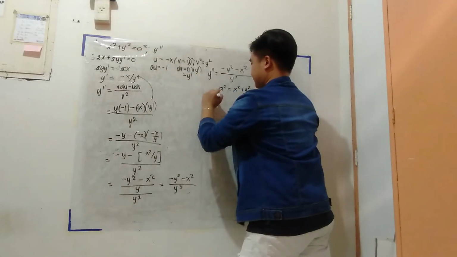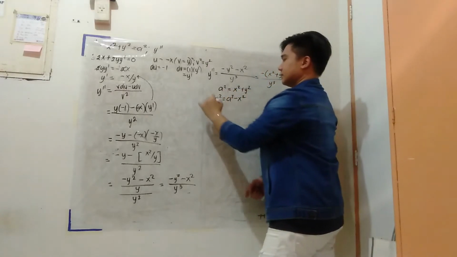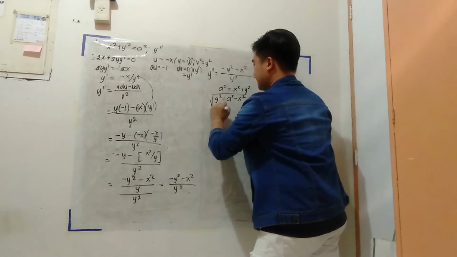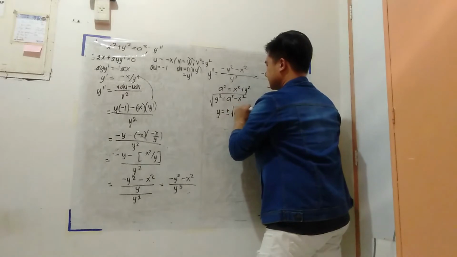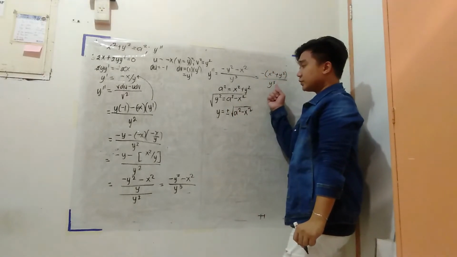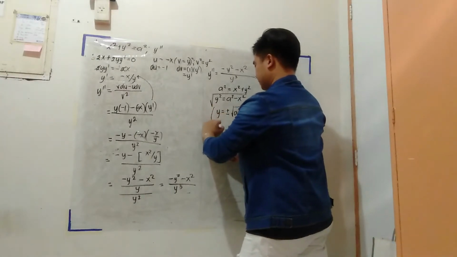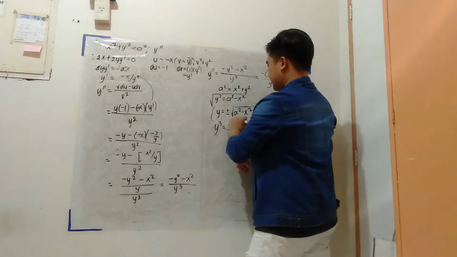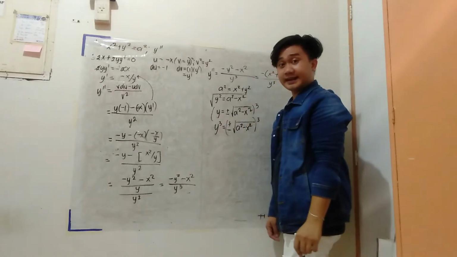Mula din doon, y squared is equal to a squared minus x squared. I-extract ko yung roots both sides. Y is equal to plus minus square root of a squared minus x squared. Okay? So, kung y cubed to, dapat gawin ko tong y cubed. So, this is equal to plus minus a squared minus x squared raised to 3.